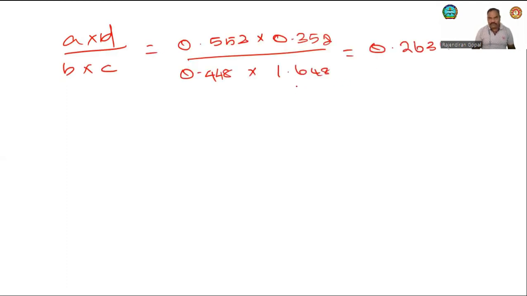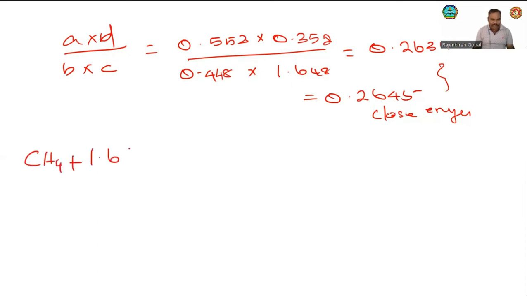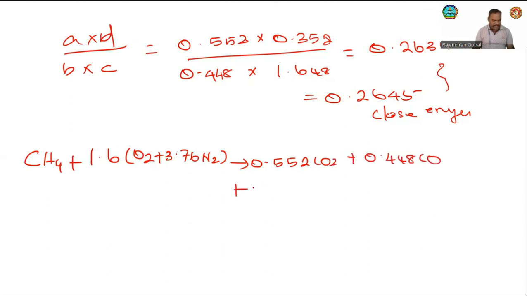What is our value? It is 0.2645. This is close to our value. So the combustion equation becomes CH4 plus 1.6 O2 plus 3.76 N2 gives 0.552 CO2 plus 0.448 CO plus 1.648 H2O plus 0.352 H2 plus 6.016 N2.